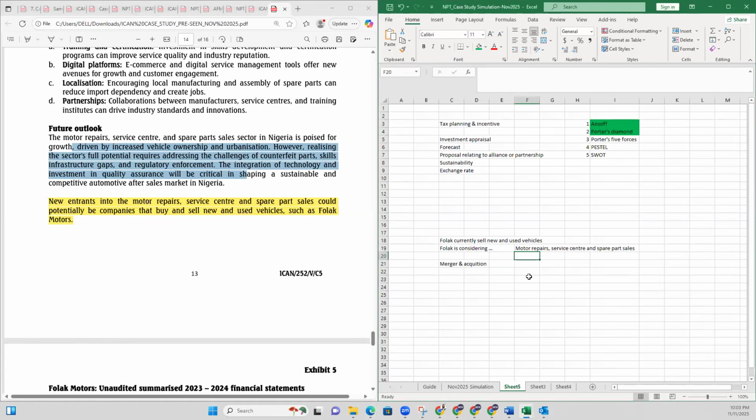So I think the next question you probably want to ask yourself is, if FOLAC is considering motor repair, service center, and spare parts sales, what are possible things that can come on their table? Are they considering investing in those areas? If they are considering investing in those areas, it will be an investment appraisal thing, you know, right?